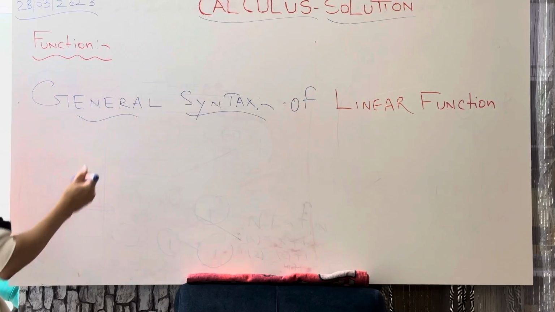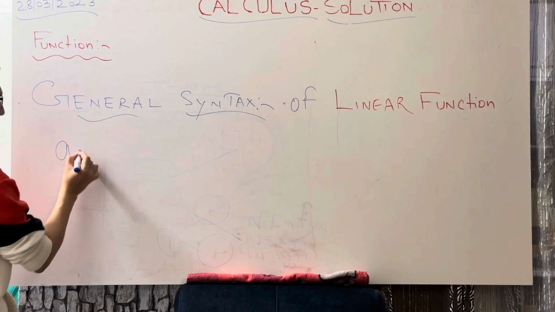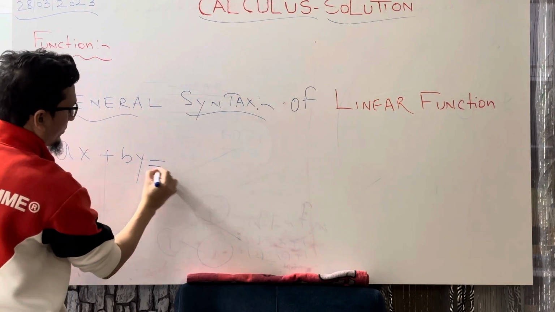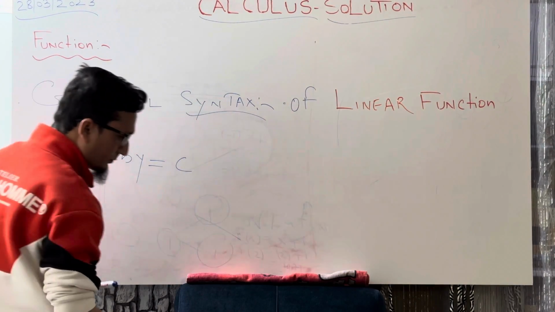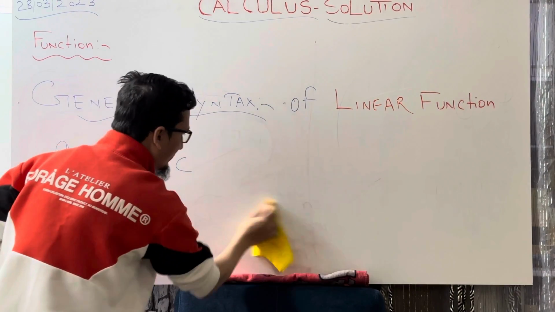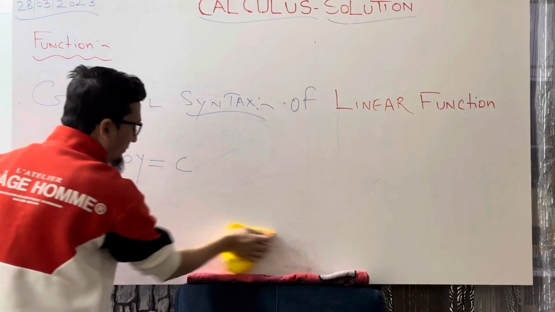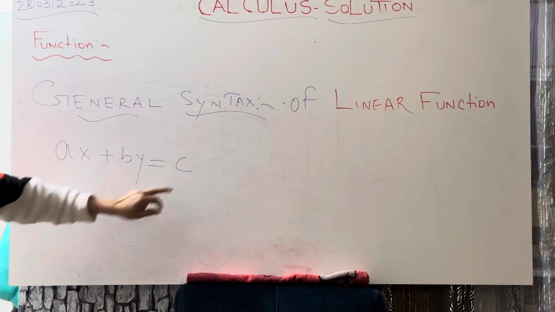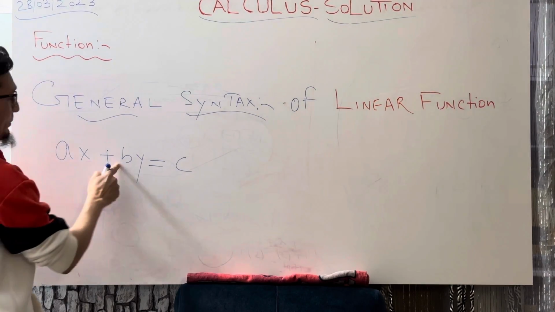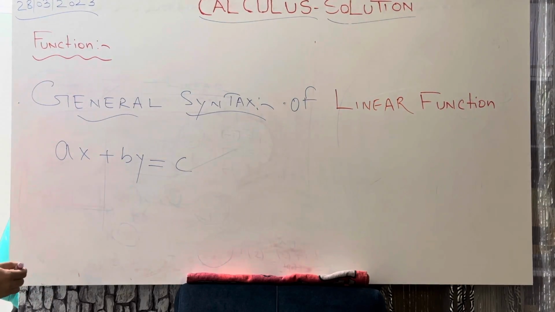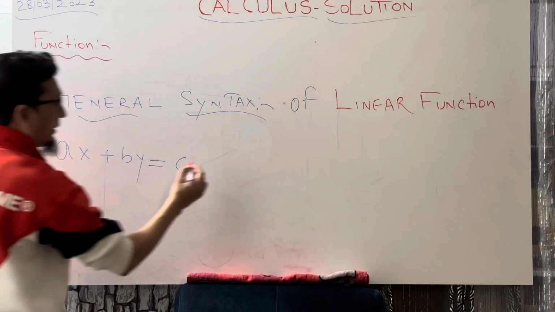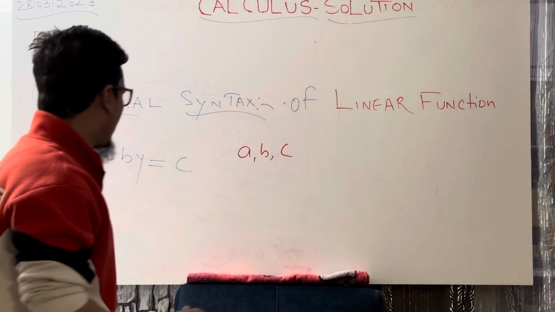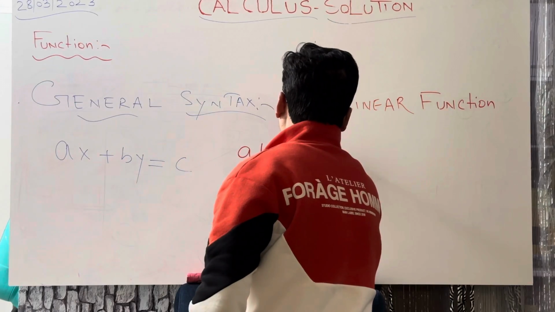Let's see. I'm going to write down one equation. ax plus by is equal to c, for example, right? Here this a, b, c belongs to real number, for example.